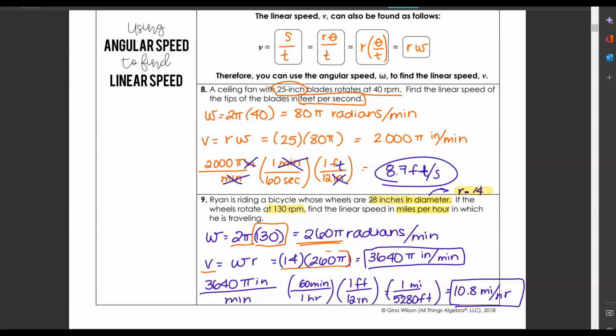So we get 260 times 14, which gives us 3,640 pi inches per minute. So now we have to do those conversions. Notice that my minutes here are canceling out. So I can get those hours, and then those inches I'm going to cancel out with the feet, which then get canceled out with the miles. So we are left with 10.8 miles per hour as the solution. All right, hopefully that's all coming together.